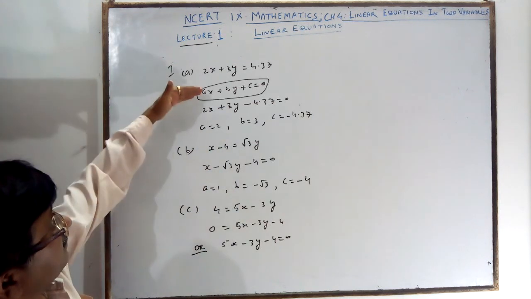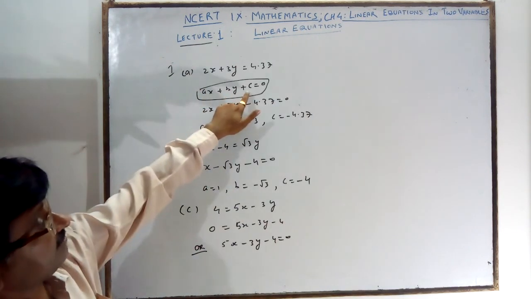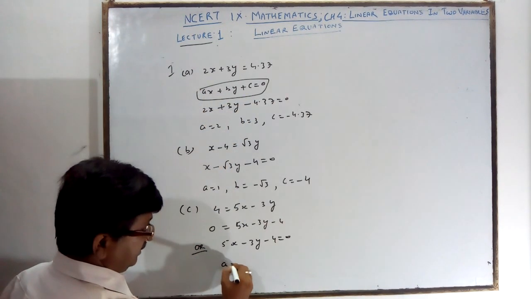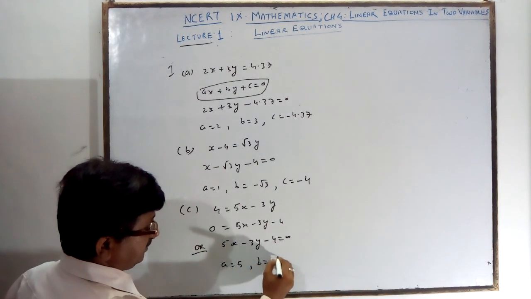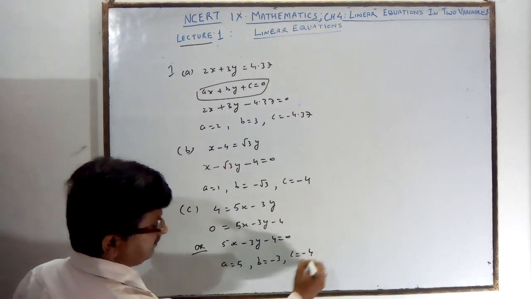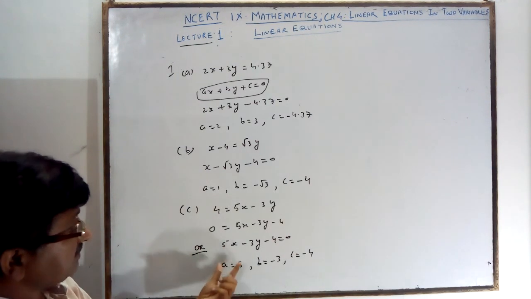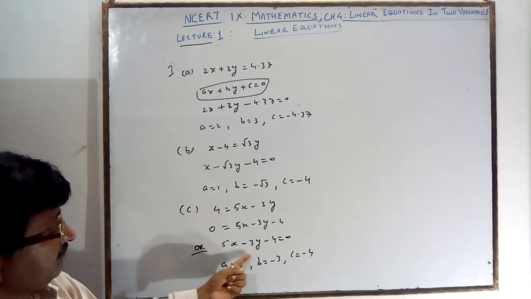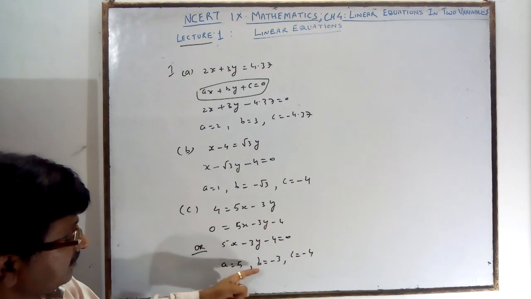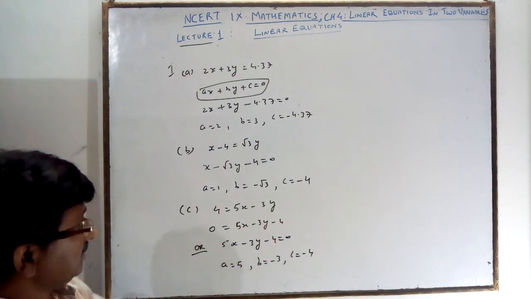Now compare with ax plus by plus c. What will be a? 5. What will be b? Minus 3. What will be c? Minus 4. Plus b means plus, here it is minus, so minus y.